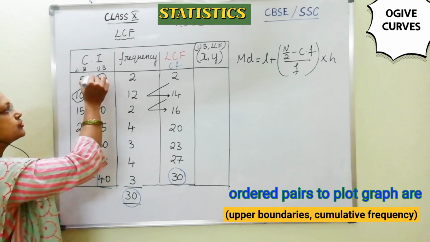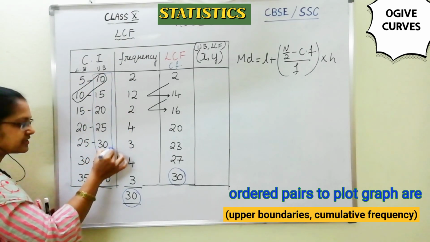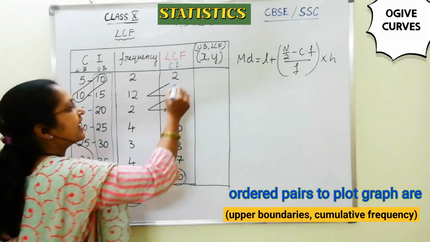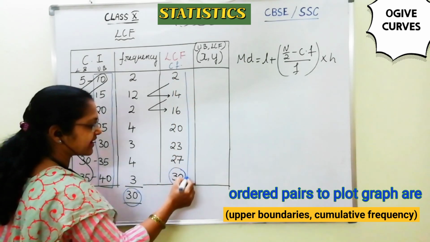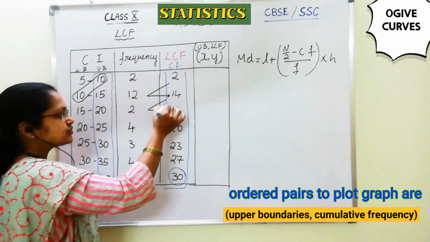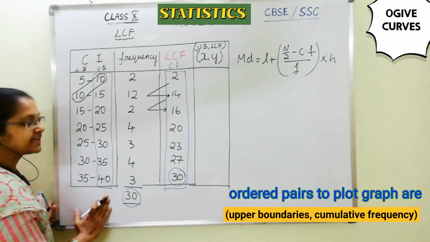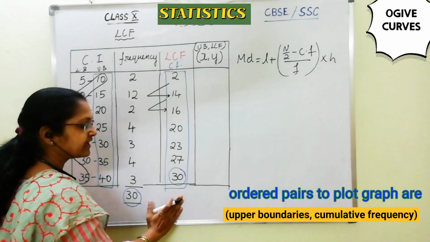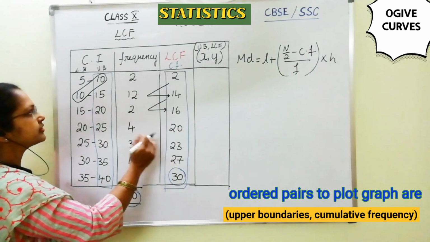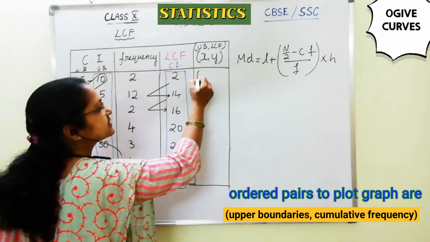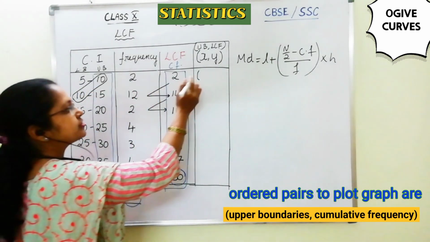For LCF we need to remember that we are going to select upper boundaries and these LCF values. Take these two values as coordinate points for our graph. So select upper boundaries and LCF values, that is cumulative frequencies. Write them as ordered pairs: 10, 2.